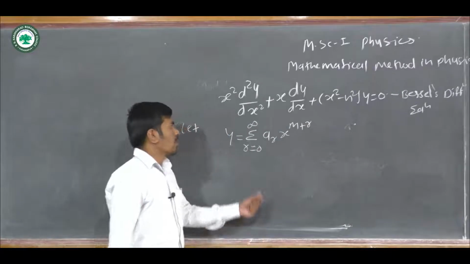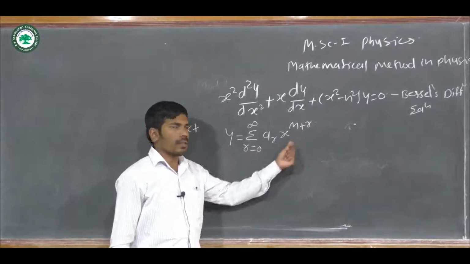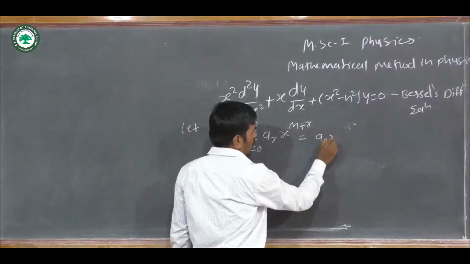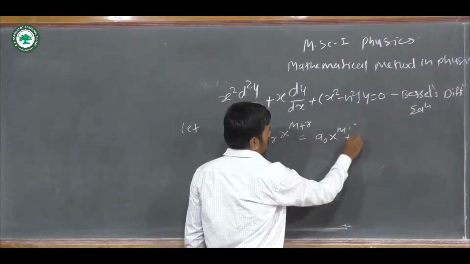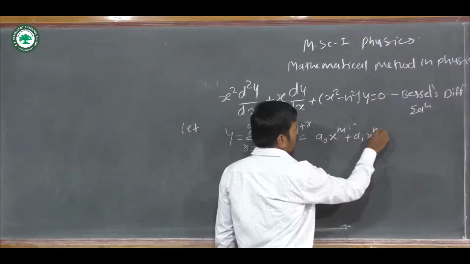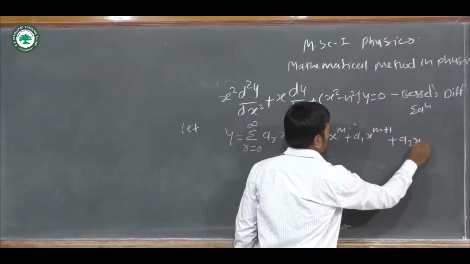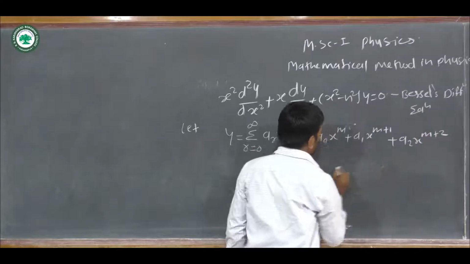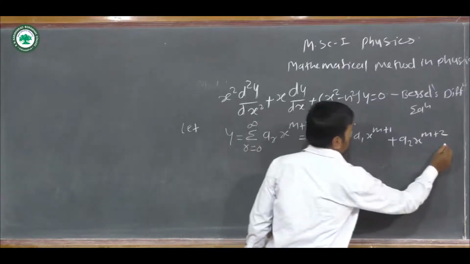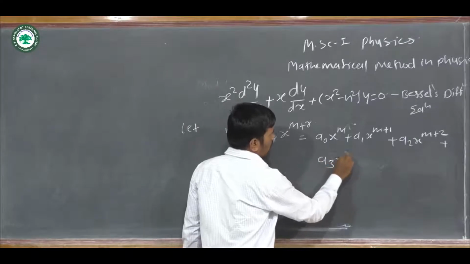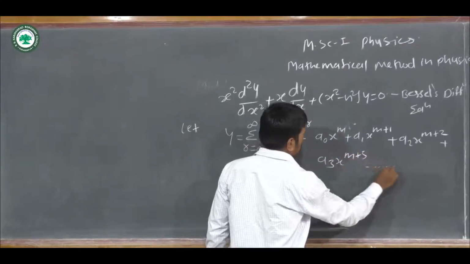Here r is a variable, so we can also write the series as a naught x power m plus a1 x power m plus 1 plus a2 x power m plus 2 plus a3 x power m plus 3 and so on.